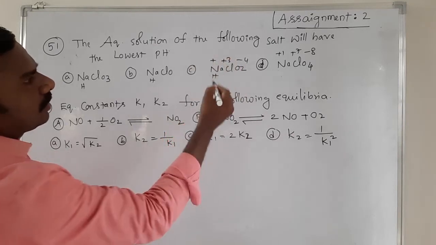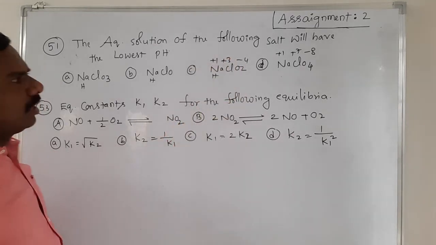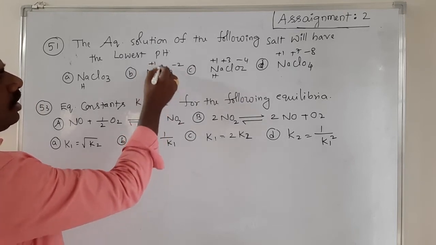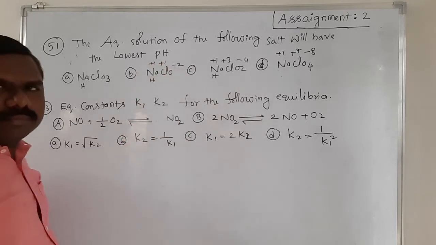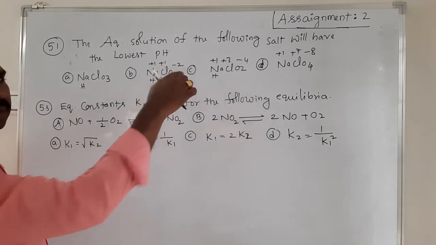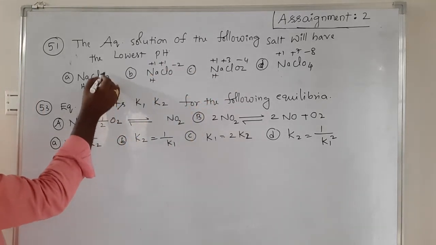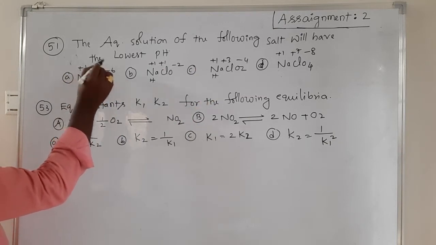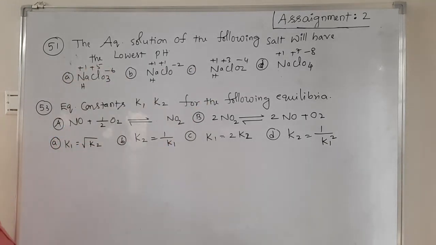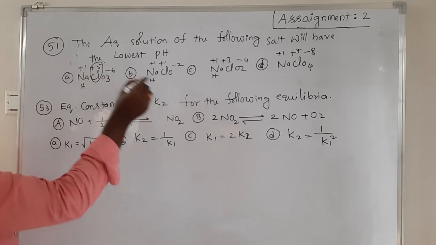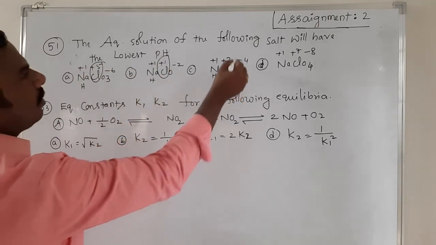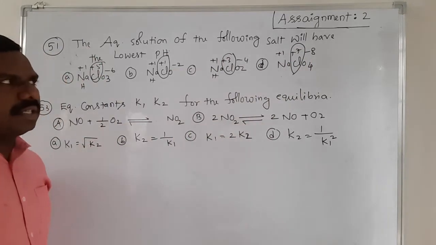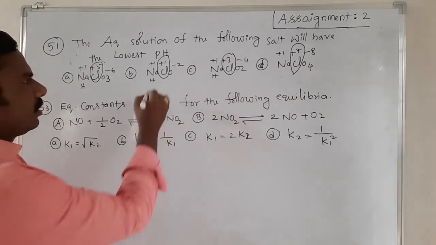Need +3 to become 0. So oxygen -2, sodium +1, chlorine also +1: +1 +1 -2 is equal to 0. 3 into -2 is -6, sodium +1, to become 0, +5 is required. So +1, +3, +5, +7.